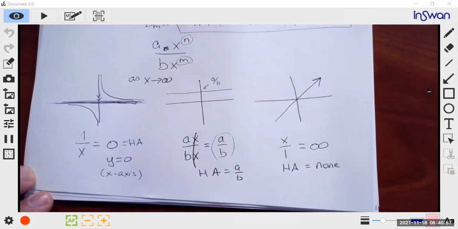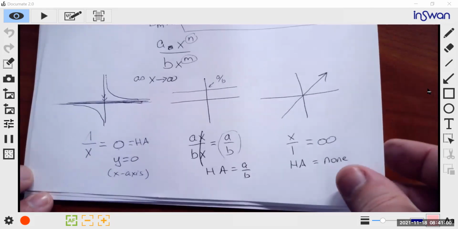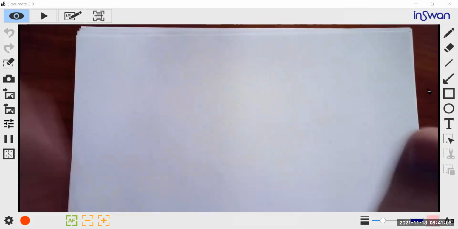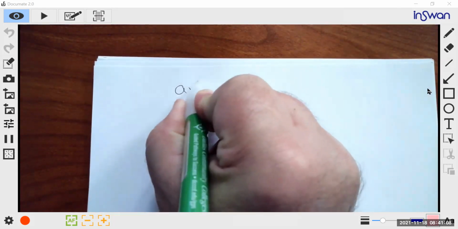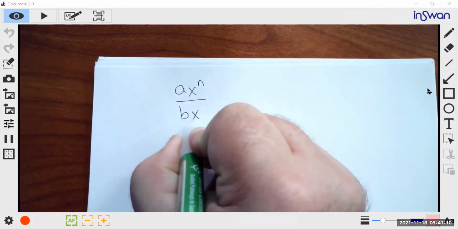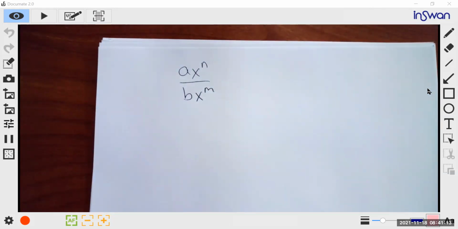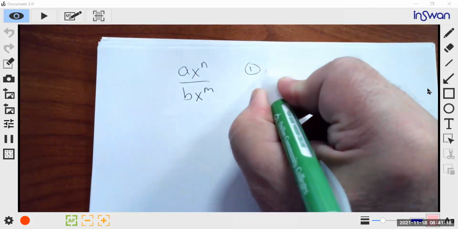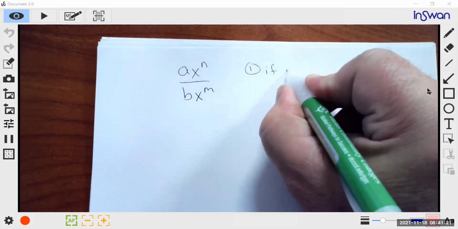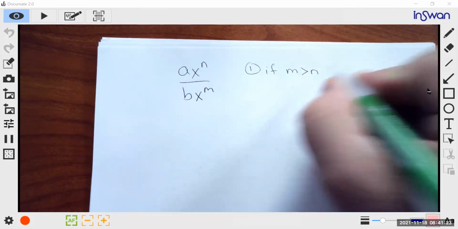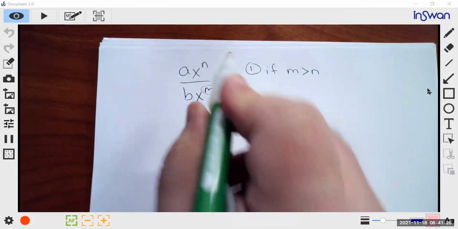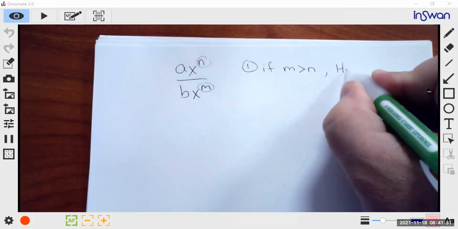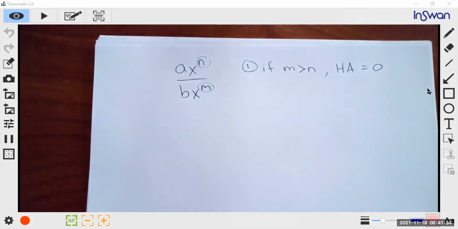Let's see what that means mathematically. Remember, we're looking at an equation that looks like this. If m is bigger than n, in other words, if the bottom exponent is bigger than the top exponent, the horizontal asymptote equals 0.